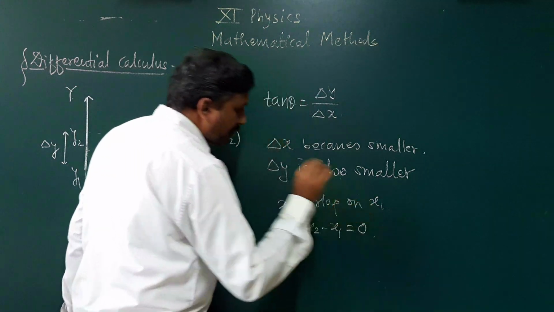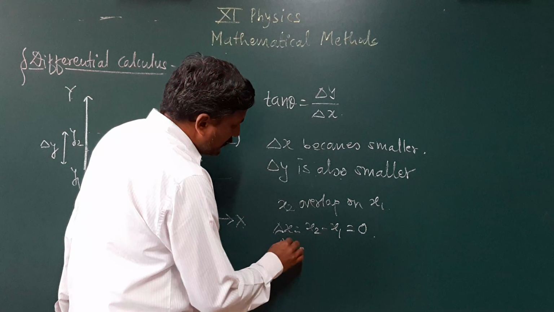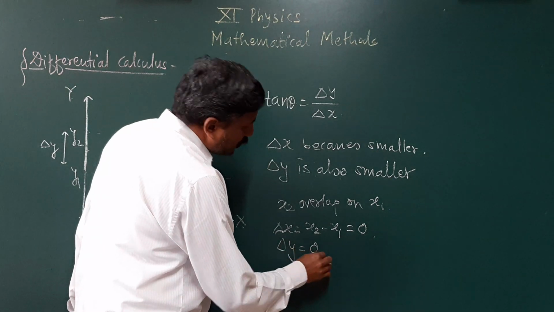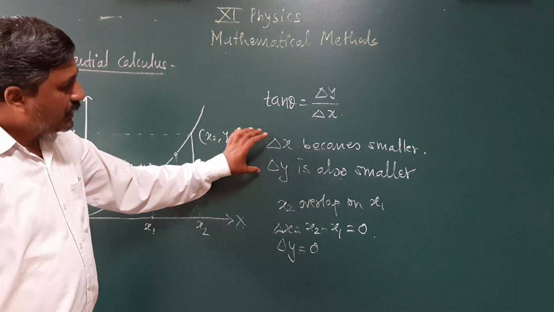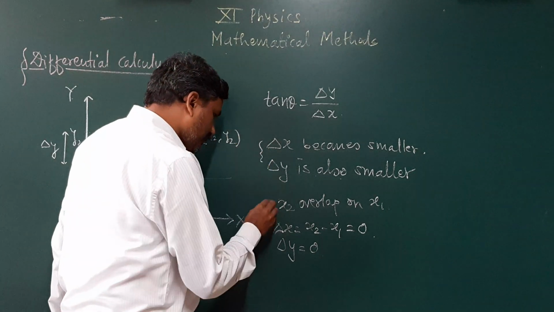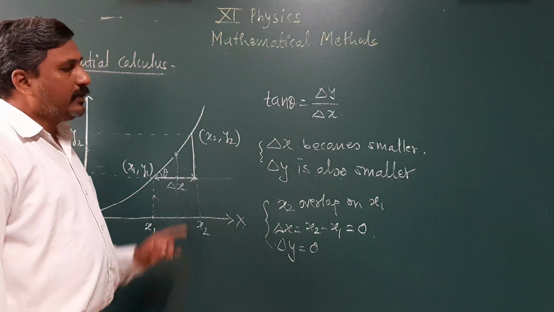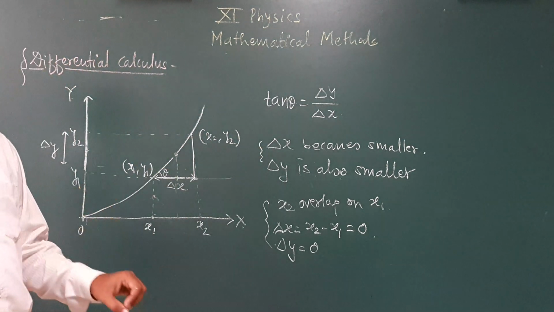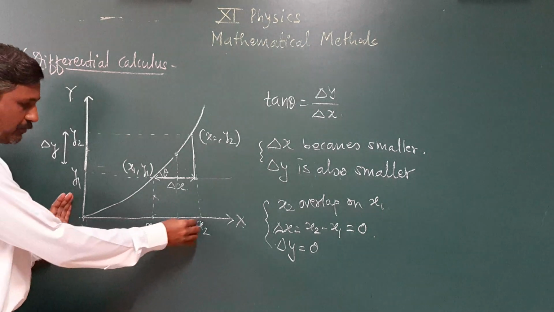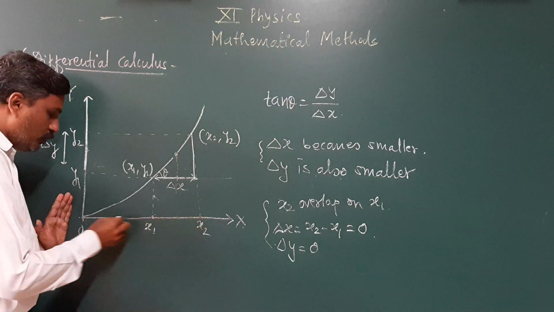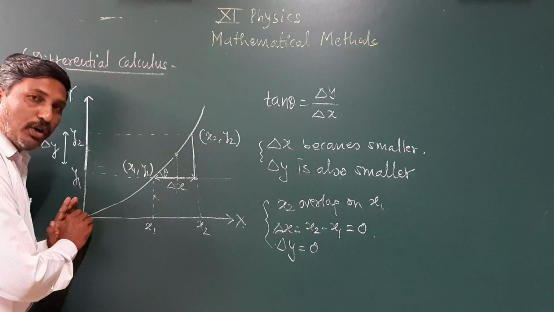At that time, delta x becomes 0. Delta y also becomes 0. Okay, so these are the two important cases. As delta x becomes smaller, delta y is also smaller. Delta x becomes smaller means x2 moves towards the origin, or x2 is on the origin.